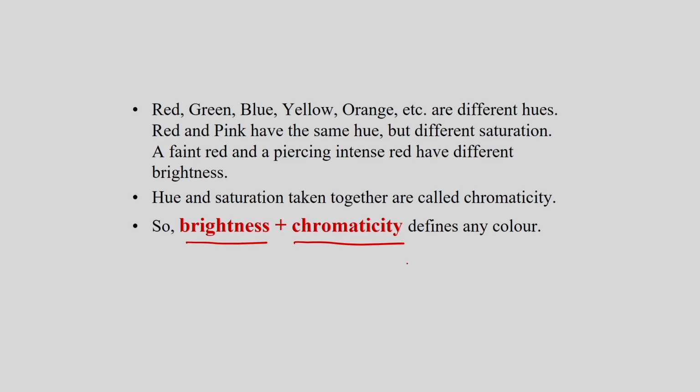Brightness means the intensity, and chromaticity has two components, one is hue, another one is saturation. Hue means the color and saturation means the purity of the color. So color is defined like this: the brightness, that is the intensity, and the chromaticity. So this is the definition of color.